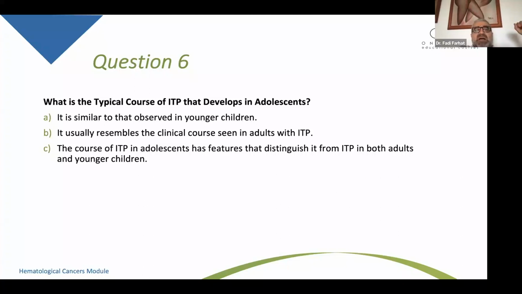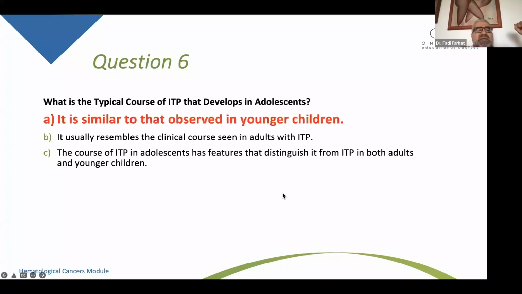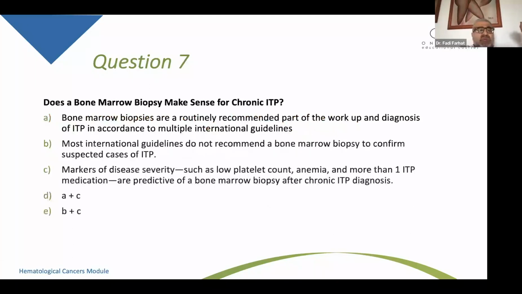The answer is it's like the young. So young people and adolescents have the same course of ITP. We all know that in older age, it's harder to control the disease, not like in the younger population. Does a bone marrow biopsy make sense for chronic ITP?